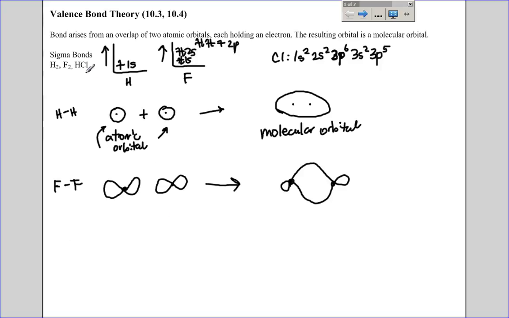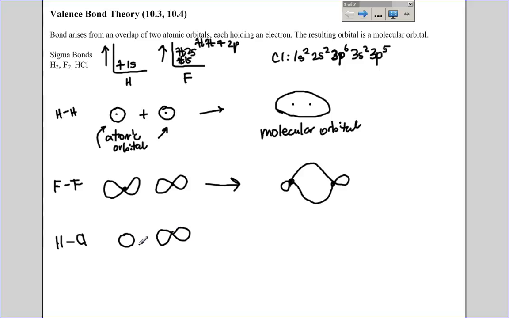Now when we look at the molecule of HCl, the hydrogen's electron is in a 1s orbital that's looking to overlap, while in chlorine, similar to the fluorine, it's in a p orbital, this time a 3p orbital. So what we have here is an overlap between an s orbital and a p orbital.